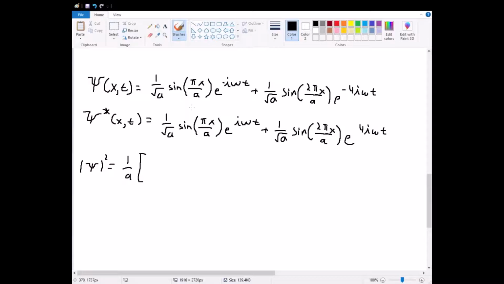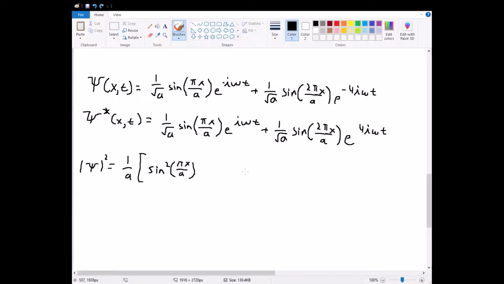So let's start first off with these two. This is just sine squared because the exponentials cancel. So sine squared of pi times x over a. Second is this term and this term.